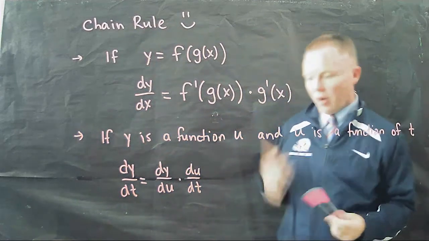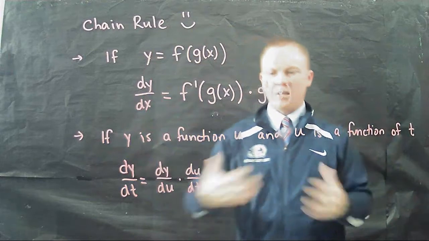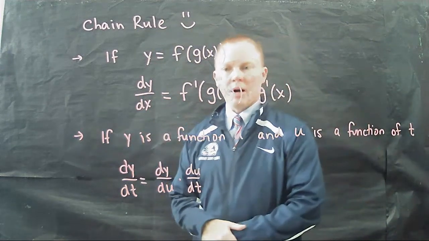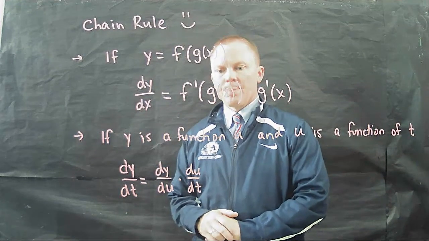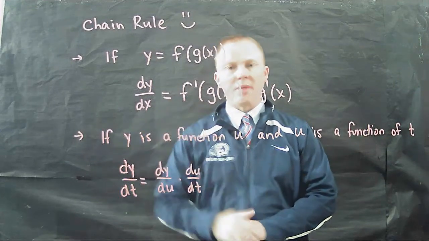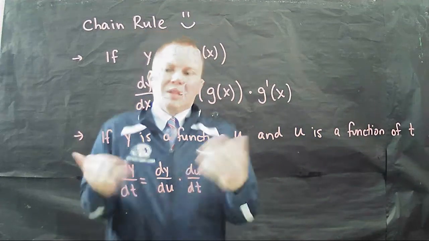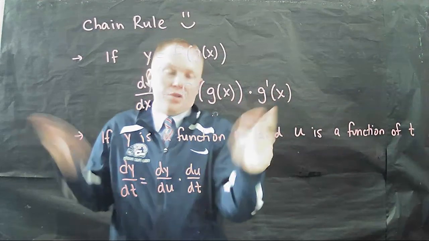Okay? Now, I'm going to explain this in words to try to make this second way make a little bit more sense. We will use this way of thinking about it a lot more, like I said, when we get to some application problems. But let's say you've got something that's a function of u.